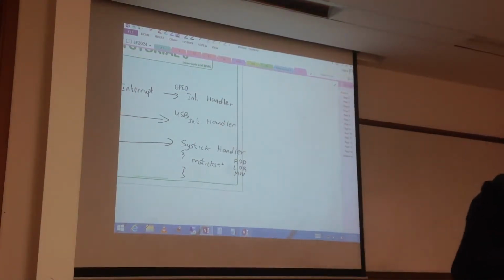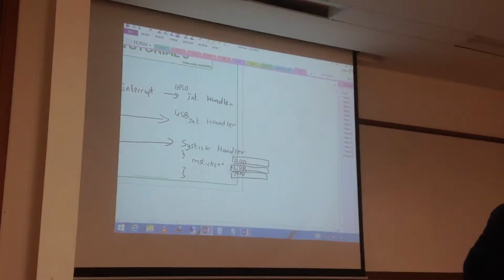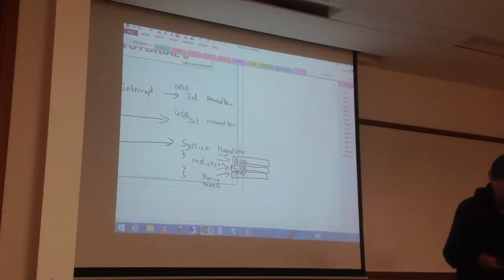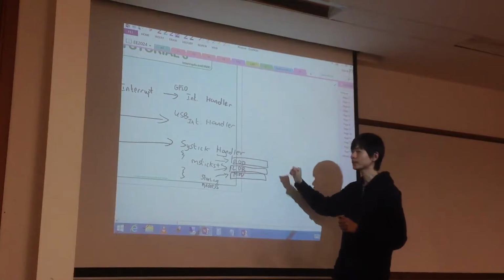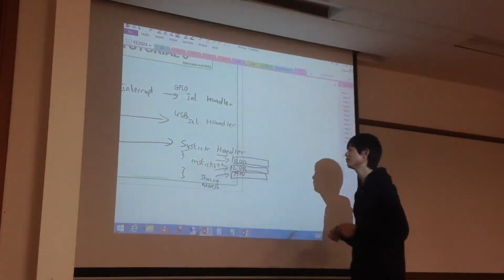And let's say each line of instruction is located at a specific memory location. For example, for MSX++, maybe you need to start here. So this is a starting address. After doing this, it will move to the next instruction, which is load, then add, then something else. Basically, the assembly instructions will allow you to execute MSX++.